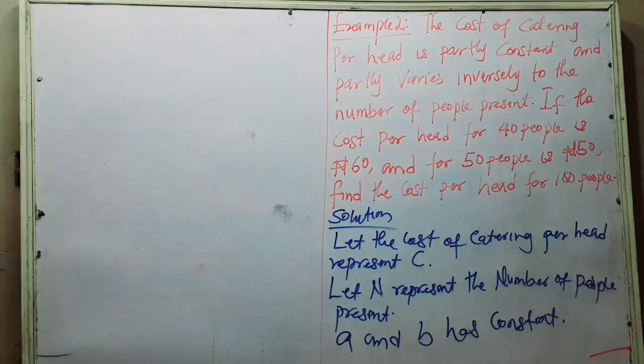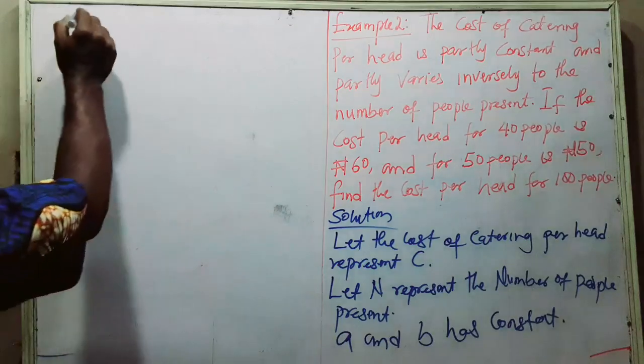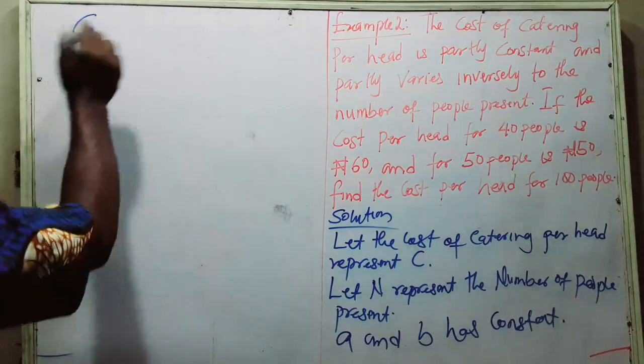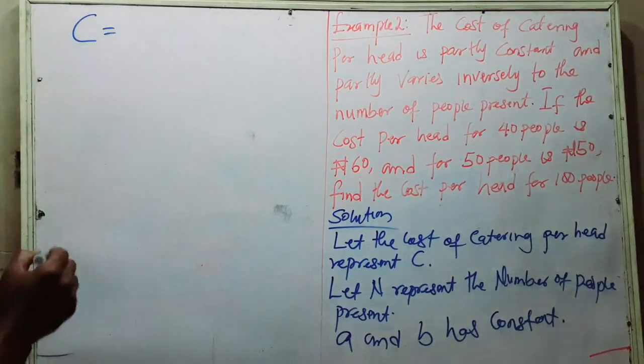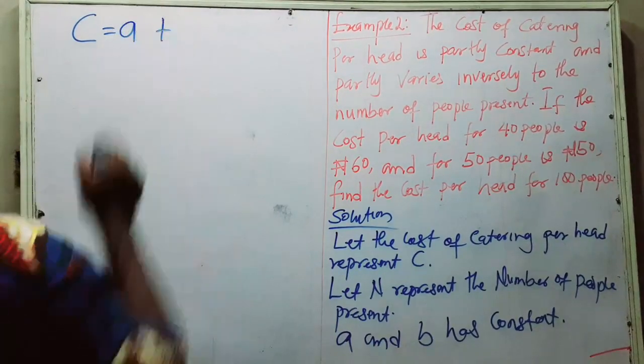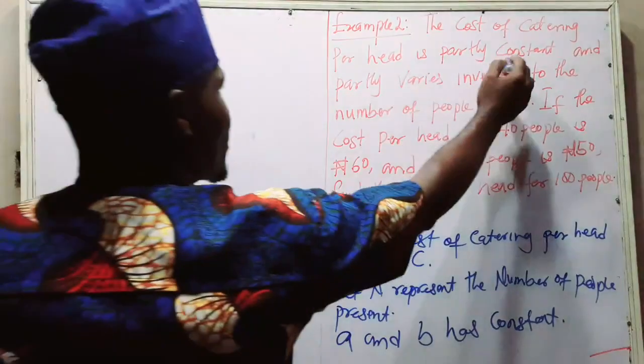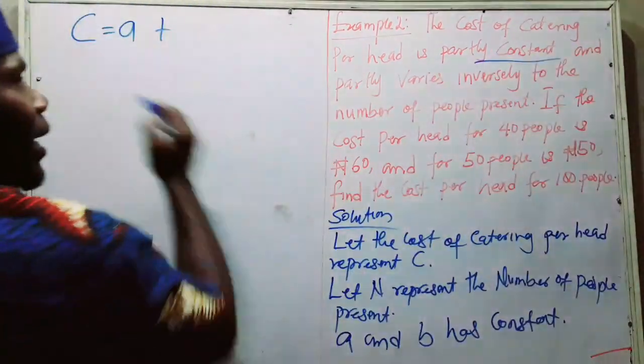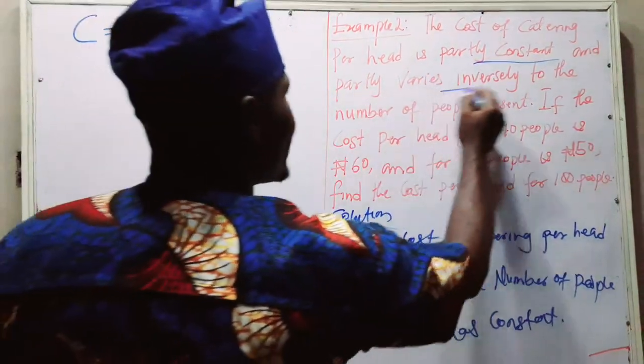Let's now interpret. The cost of catering per head is partly constant and partly varies inversely to the number of people present. This is what it's trying to say. The cost of catering is partly constant, represented by A, plus partly varies inversely.